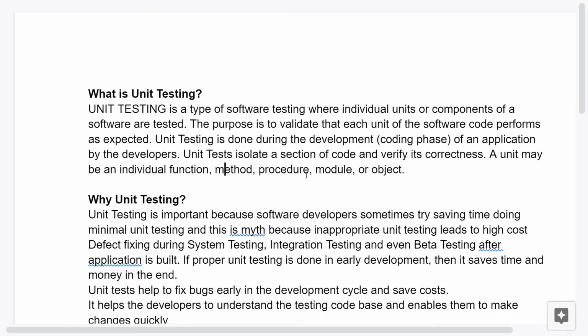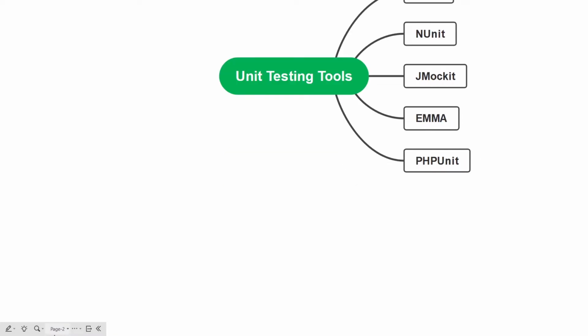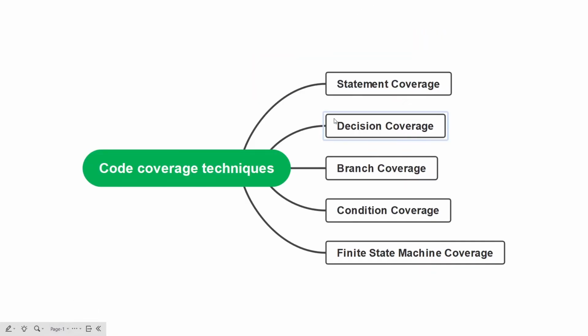There are some code coverage techniques we can use in unit testing, like statement coverage, decision coverage, branch coverage, condition coverage, and finite state machine coverage. These are all techniques we can use in unit testing. We can learn them one by one in upcoming videos.